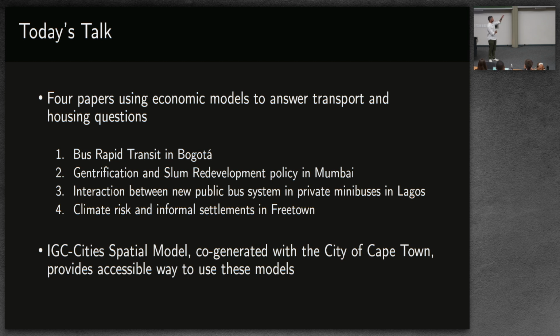And then finally, I'm going to give a little shout out to some work that I've been doing with Vicky and other members of the city of Cape Town to try to package up these models that can seem a bit intimidating and complicated in a way that's accessible for practitioners to use. I'm going to talk about them in more detail at the conference tomorrow. But hopefully that's going to be a way to actually make these things useful and not just make them sit on academics' laptops and not really get used in the real world.